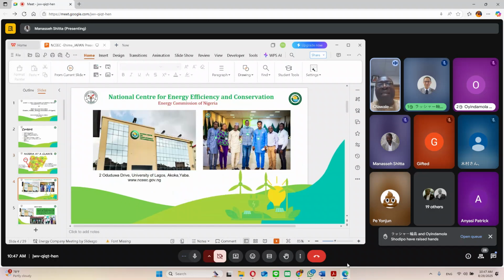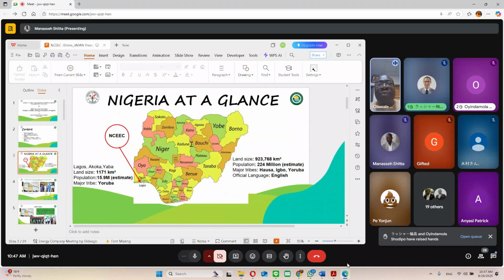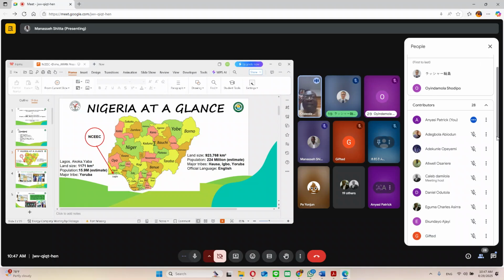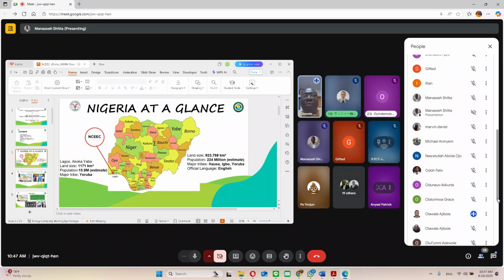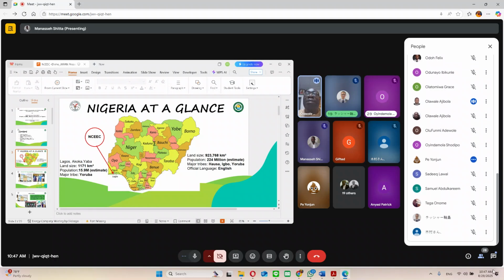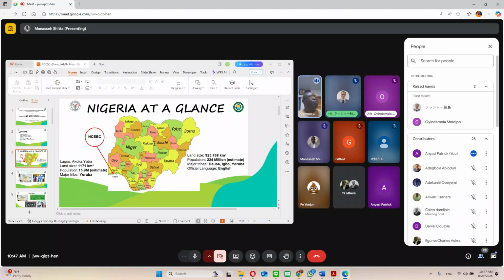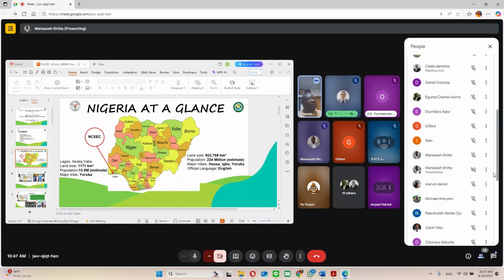So at a glance, that is what Nigeria looks like. Nigeria has 6 geopolitical zones, and we have 3 major ethnic groups, namely Yoruba, Igbo, and Hausa.